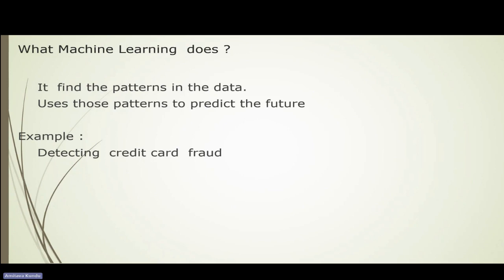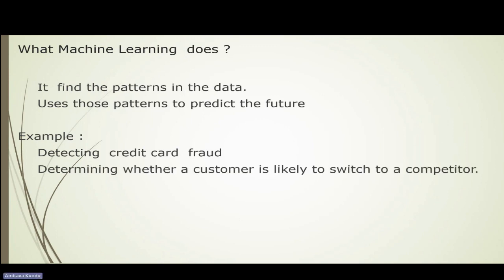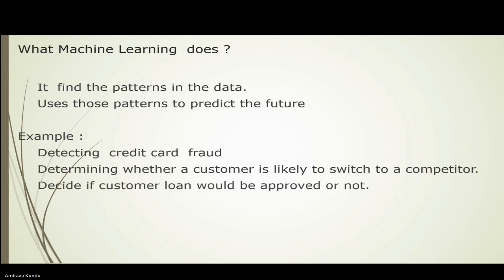We can detect credit card fraud. We can determine whether a customer is likely to switch to a competitor. We can decide if a customer's loan will be approved or not. These are some of the tasks that we can very easily do with the help of machine learning. Let's explore more.